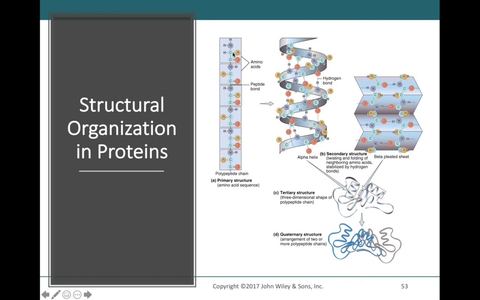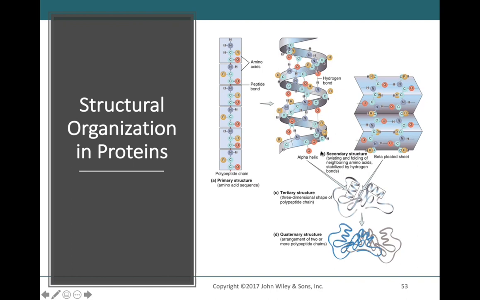And so as this protein is going to be created, this protein is going to start folding upon itself. And as we wrap around here, this amino acid is going to have an oxygen that happens to stick off here. This amino acid is going to have a hydrogen that happens to stick off here, and that is going to form a hydrogen bond to keep the shape intact for this protein structure.